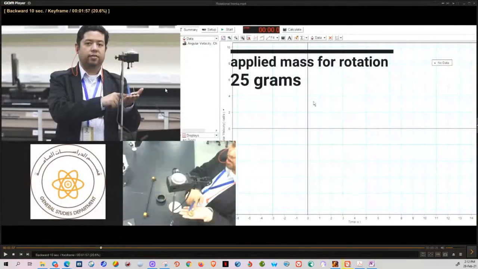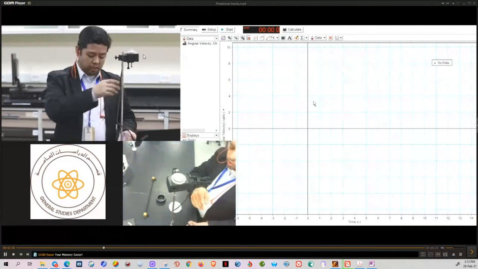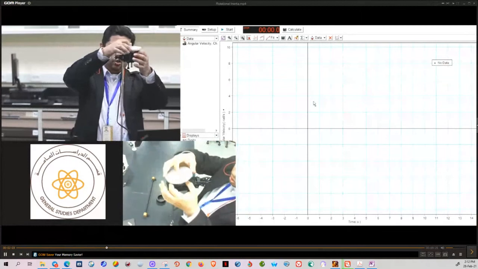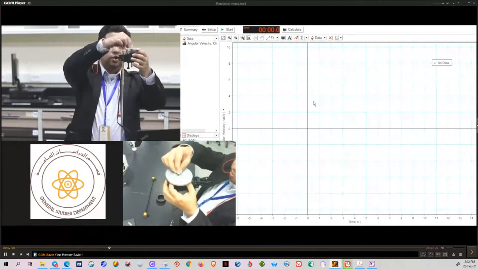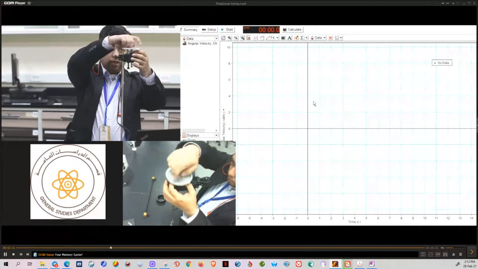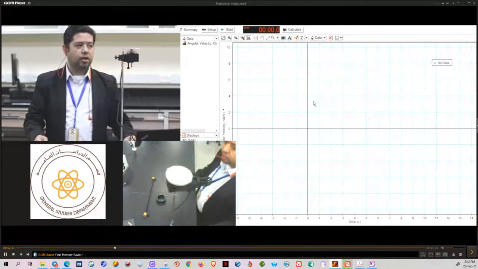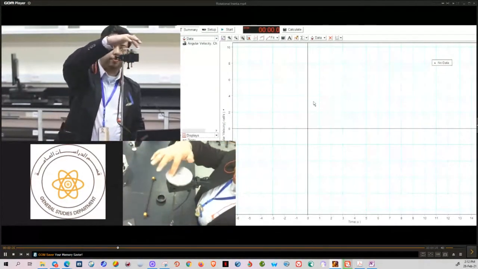First, you take the disk and you install it on top of the pulley. So this is the pulley I was talking about. 5 grams. Once our setup is ready, we will first start with the disk. Install the disk on top of the pulley, and with the help of a screw, tighten to make sure that the disk is not going to wobble or fall. Next, wind your pulley.